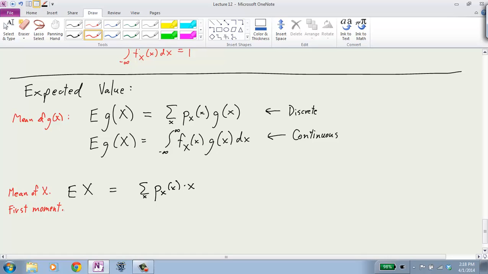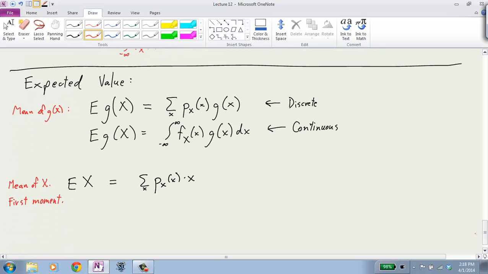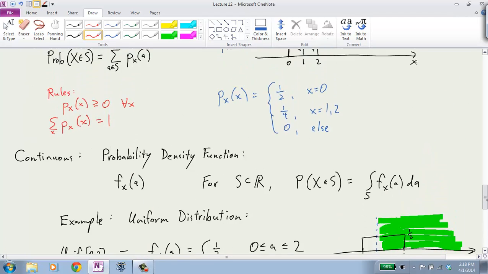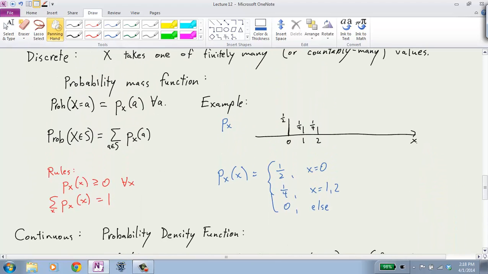Now, let's try to figure out why. So some of you are no doubt familiar with expected value. Let's calculate the expected value of x for the distributions above. But then let's talk about what this means. Why did we take a random variable and extract this number from it? Is it meaningful at all? So the expected value, let's start here. The expected value of x for this distribution.